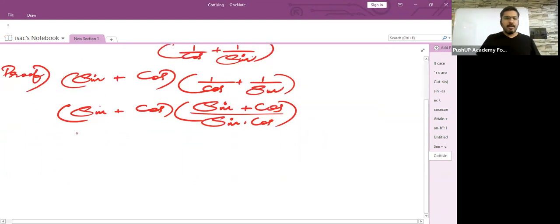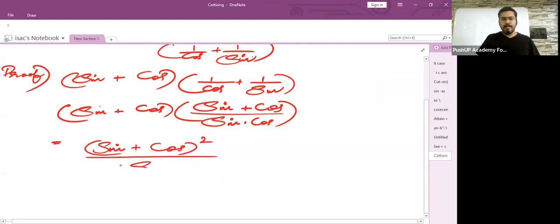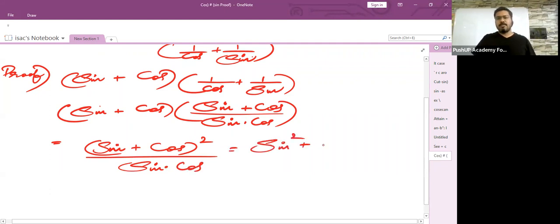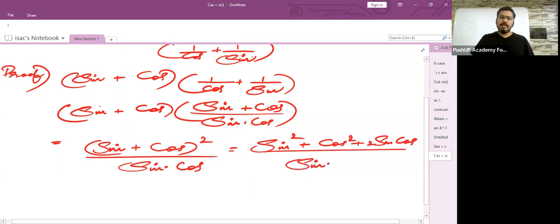Now this is equal to sine plus cos into sine plus cos, which is sine plus cos the whole square divided by sine into cos. Now you expand this, a plus b the whole square. You get sine square plus cos square plus 2 sine cos, whole divided by sine cos.